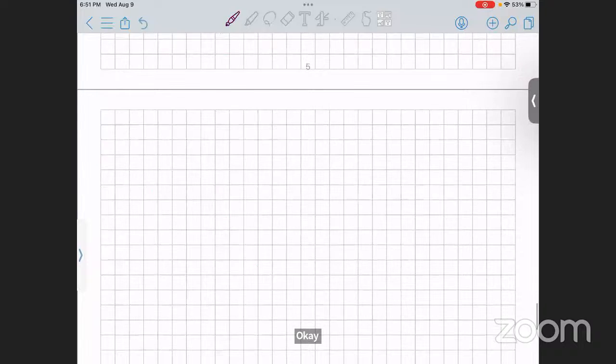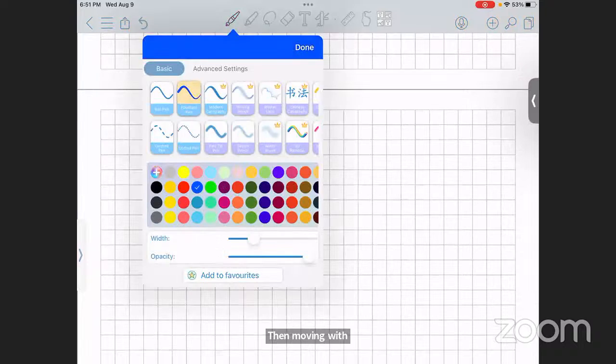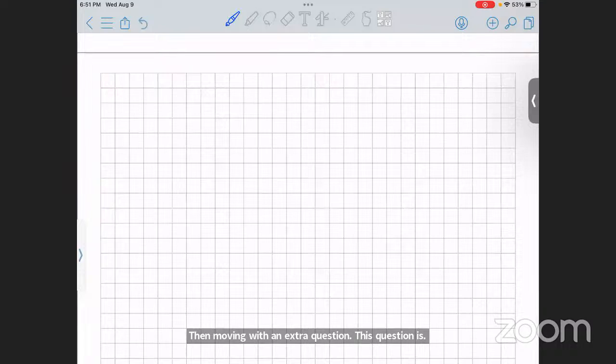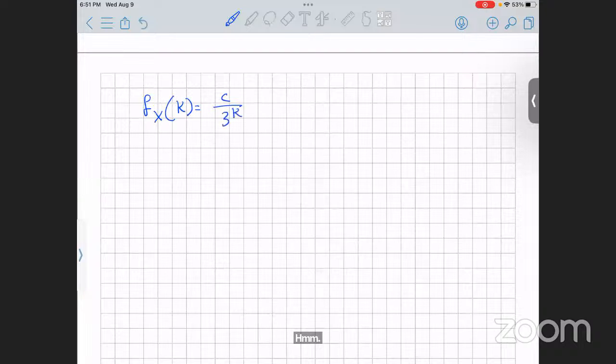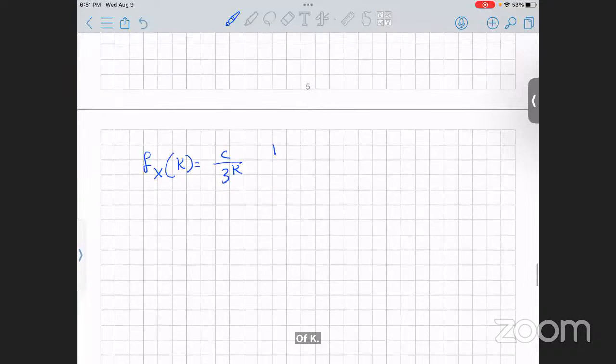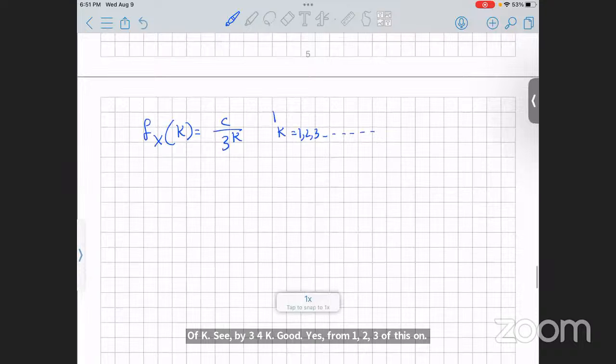This question is a little bit tricky. Given fx of k equal to c by 3 power k, where k starts from 1, 2, 3 and so on up to infinity.